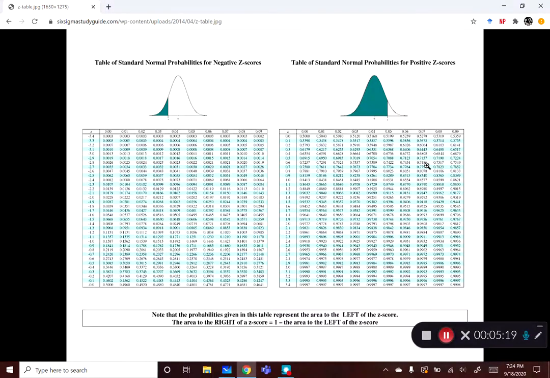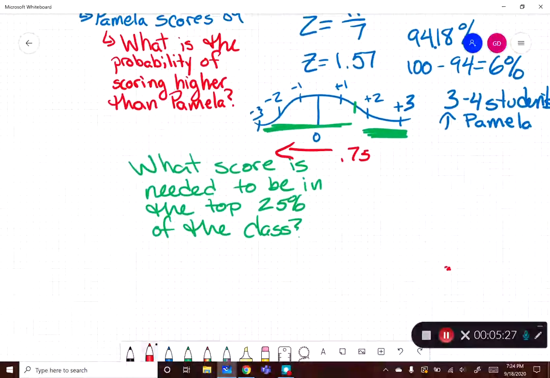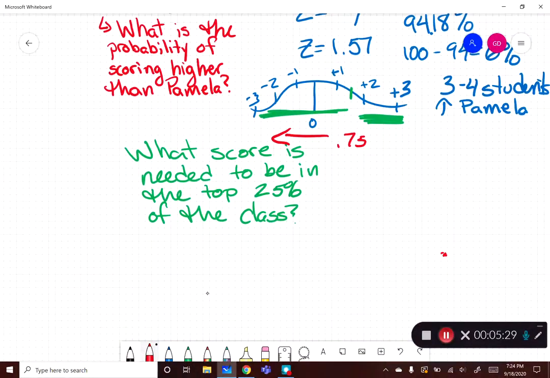So 0.67 gives us probably the closest we can get to it. Yep. So 0.67. Let's come back over here. Move this down. So our z-score that we have is 0.67. That gave us our closest value to getting to 0.75 as we could. Obviously, you saw there wasn't an exact value, so we had to go with the closest one to it.